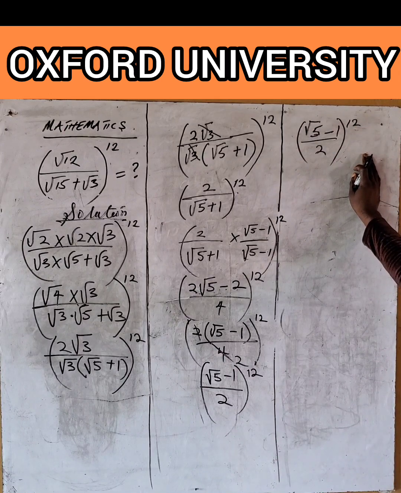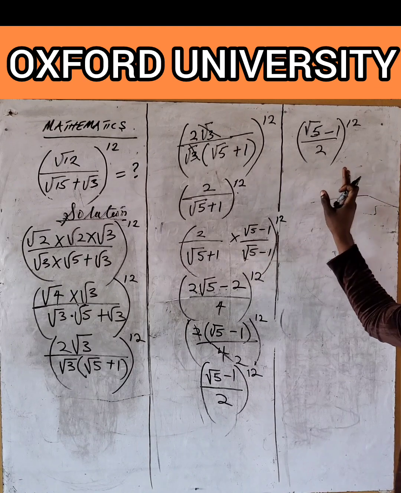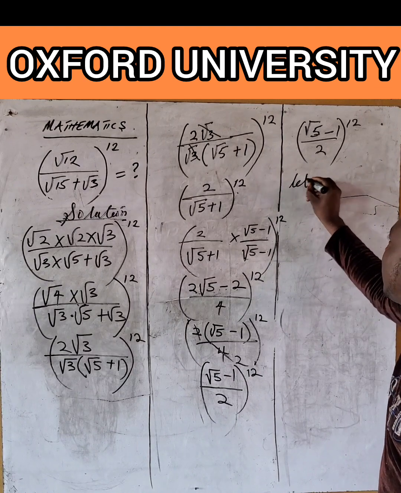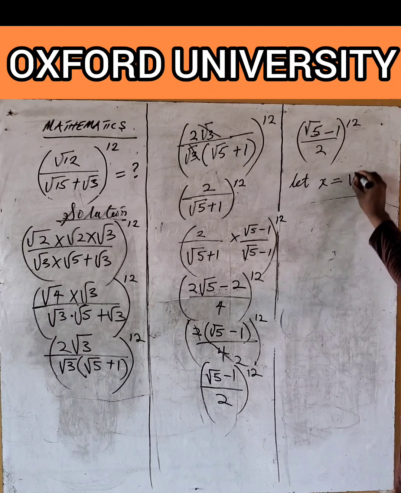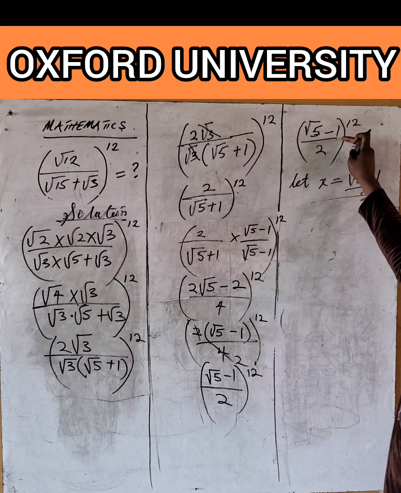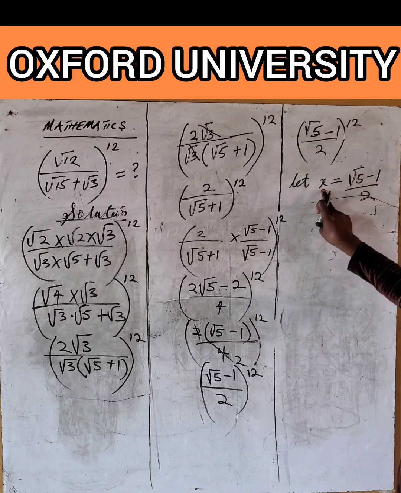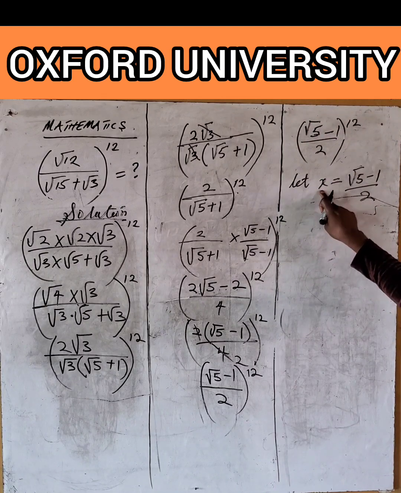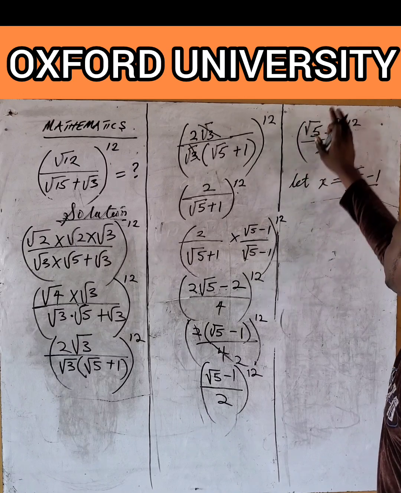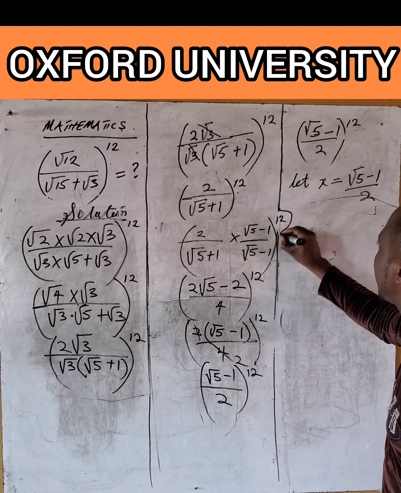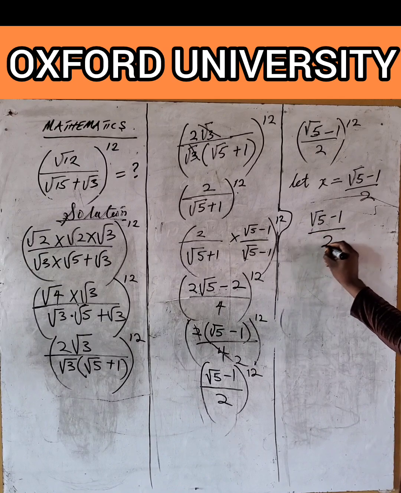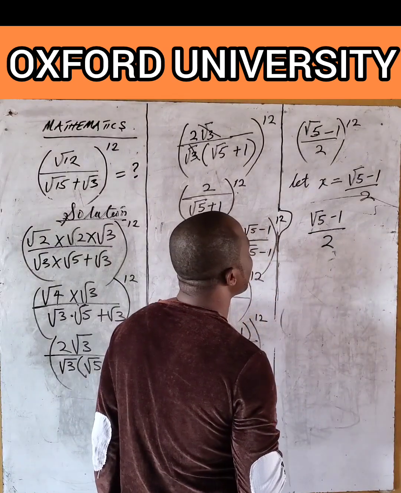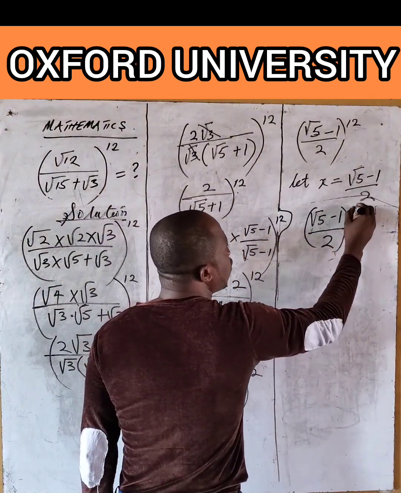Now, in order to continue with this, let's say x is equal to root 5 minus 1 all over 2, which means anywhere we see the whole of this, we replace it by x. If that is true, it means that the entire of this thing is root 5 minus 1 over 2, all raised to power 12.